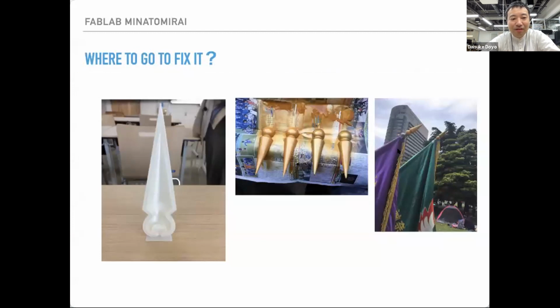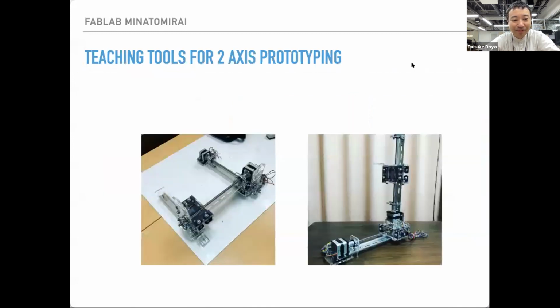And in this example, a part was broken, but they didn't know where to go to fix it, so they made it by themselves.